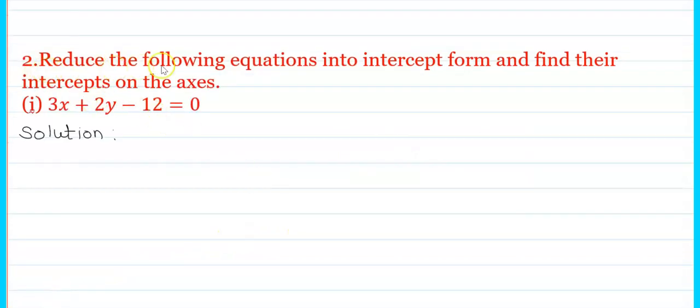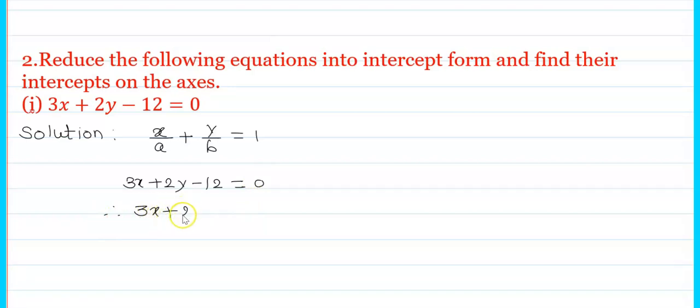Question number 2. Reduce the following equations into intercept form and find their intercepts on the axes. Now intercept form means what? It is x/a + y/b = 1. This is the double intercept form. Therefore we write here 3x + 2y - 12 = 0, and hence 3x + 2y = 12.